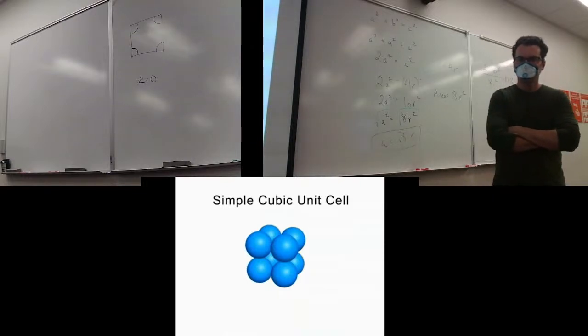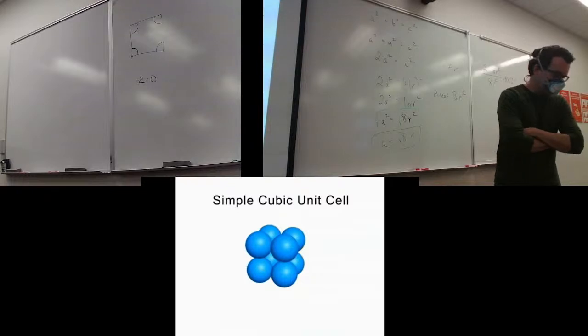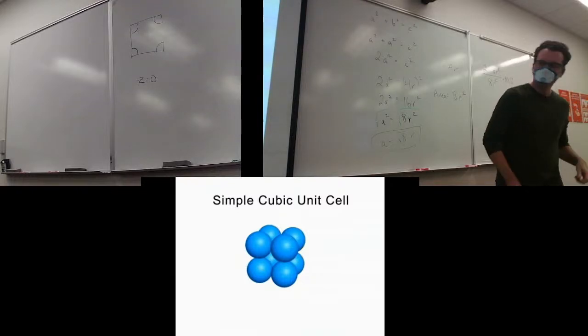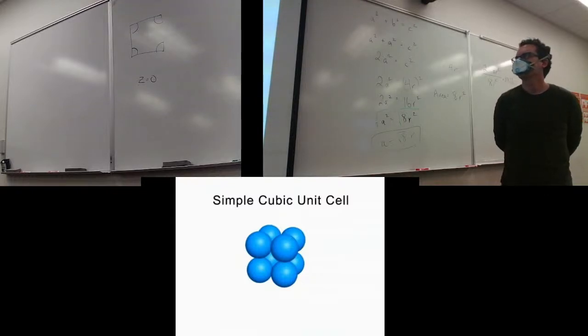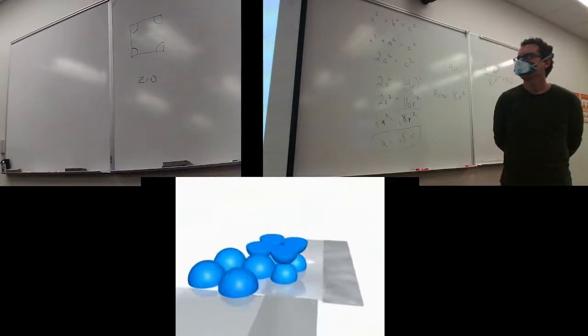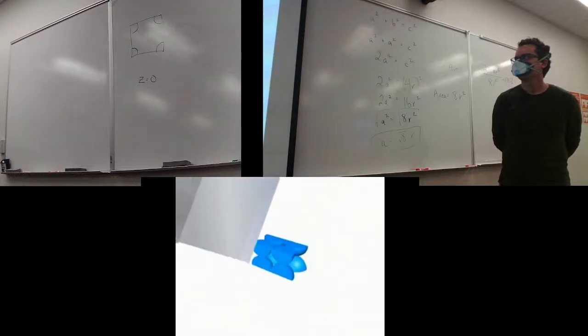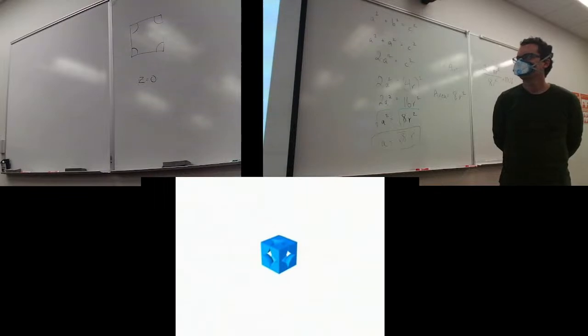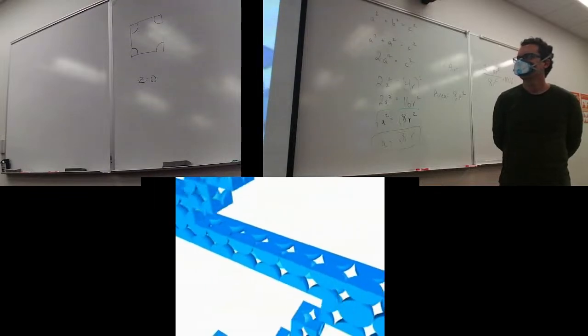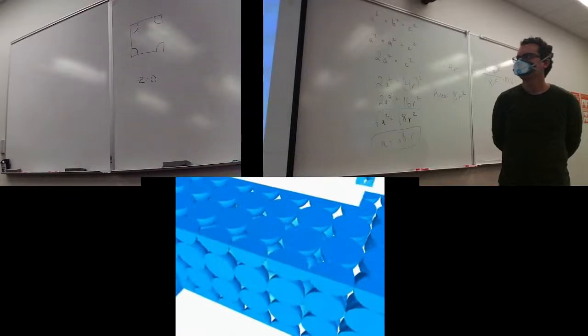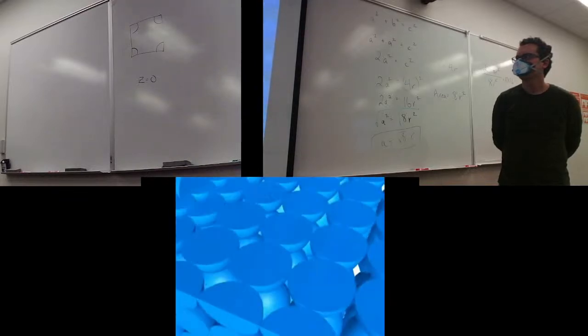Note that the particles touch along the cube edges, but not along a diagonal in the face or along a diagonal through the body. By slicing away parts that belong to neighboring unit cells, we see that the actual unit cell consists of portions of the particles. When the cells pack next to each other, in all three dimensions, we obtain the crystal.